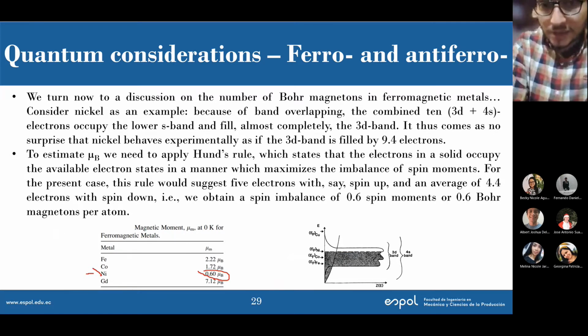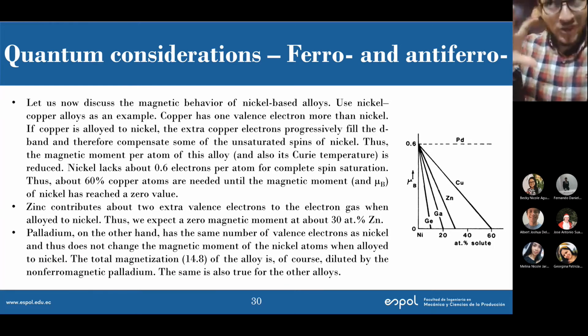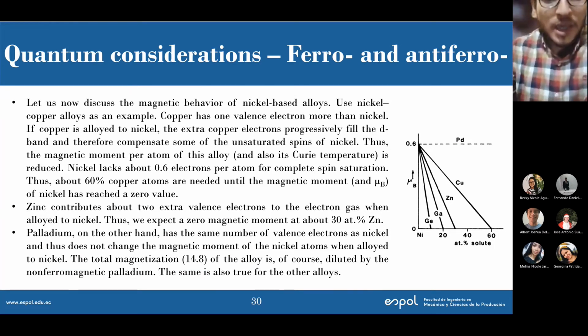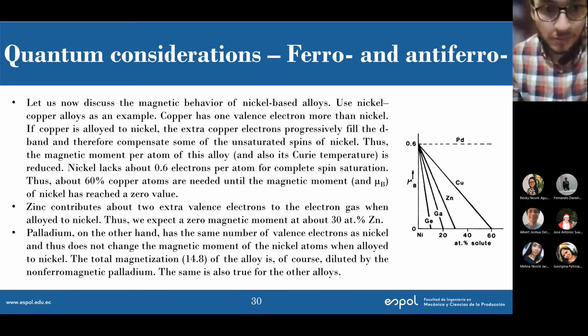It has an empty space of an average 0.6 electrons. So if I put copper, that extra electron will start saturating or filling the d band. So it will compensate for those unsaturated spins of nickel. Therefore, the magnetic moment per atom of that nickel-copper alloy will be reduced, right? Because I now will be able to basically compensate all those unsaturated spins.